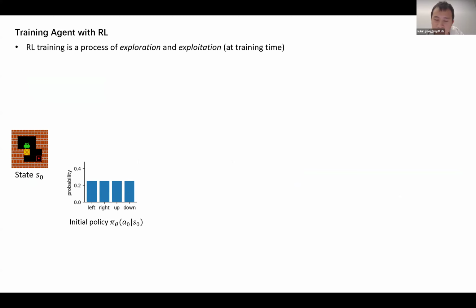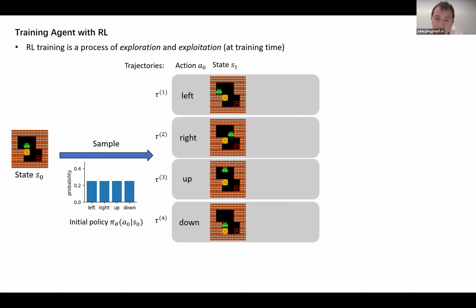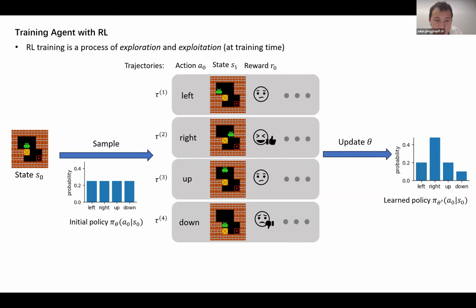Without any prior, you just have equal probability for all actions. What you do is sample different actions, get the reward for each action, and then use this reward to update your policy to find the most preferred action.